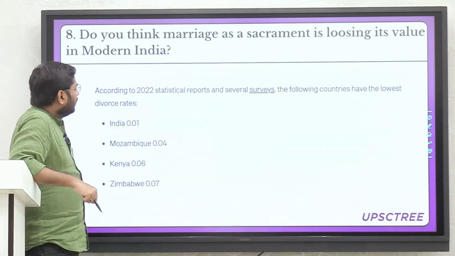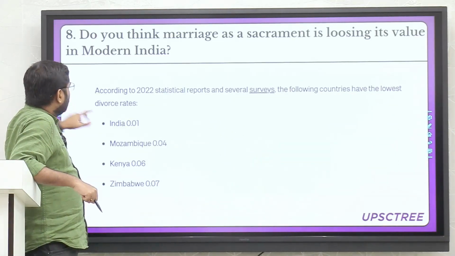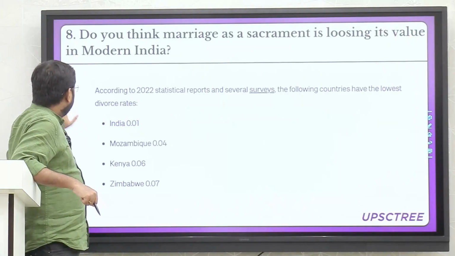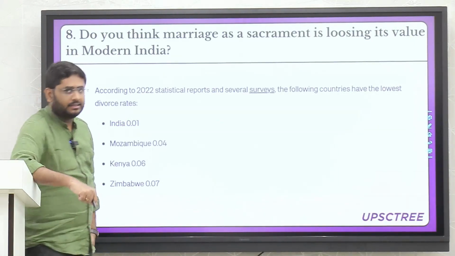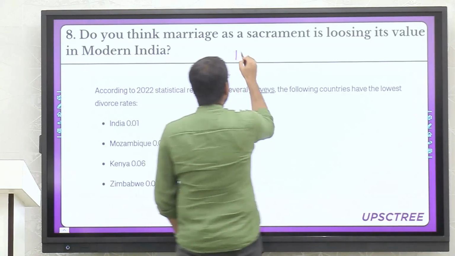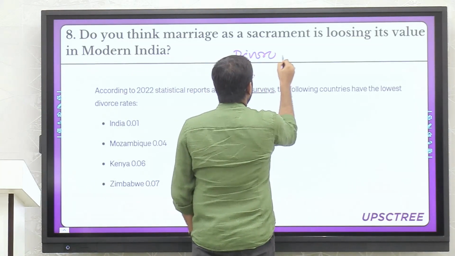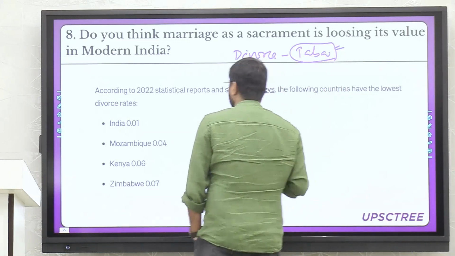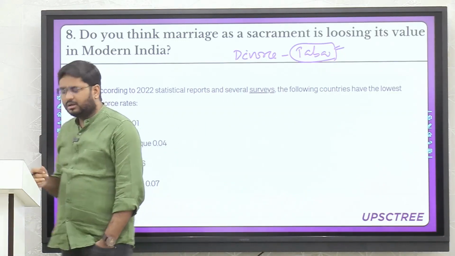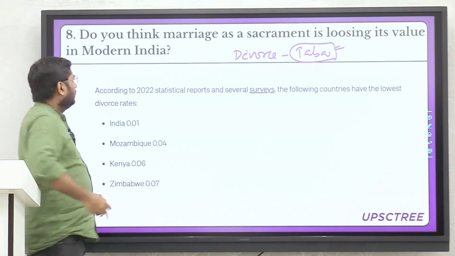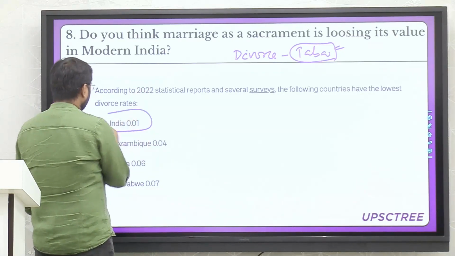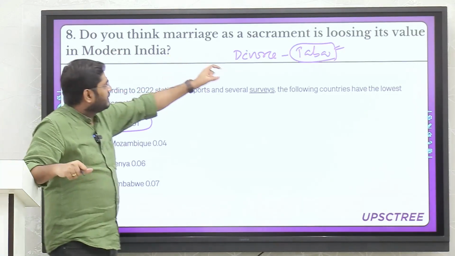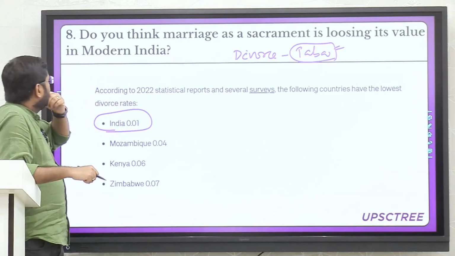So, as I gave you the statistics, marriage in India is still sacred, and divorce is considered a taboo in India. Doesn't matter the socio-economic and political status of a person, India is one of the lowest with a divorce rate of 0.01%. So, do you think marriage as a sacrament is losing its value in modern India?